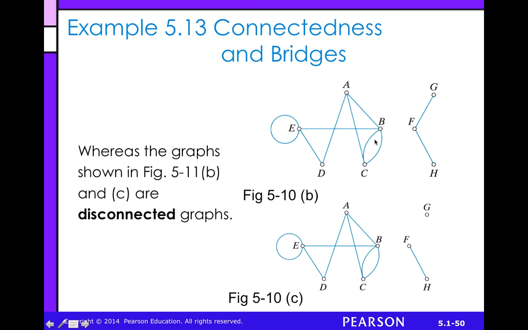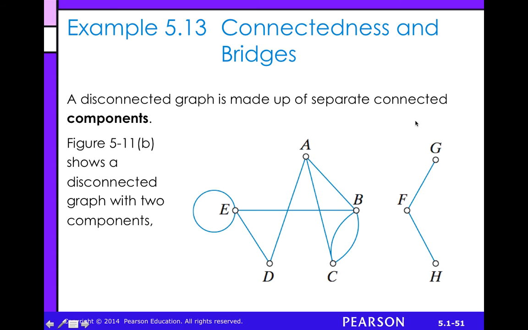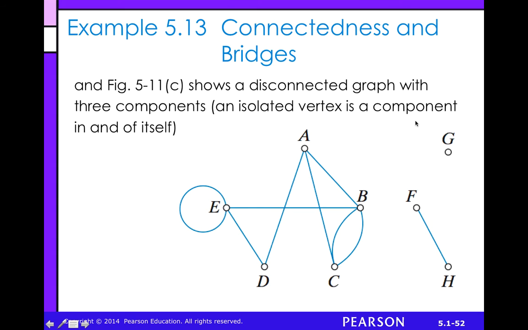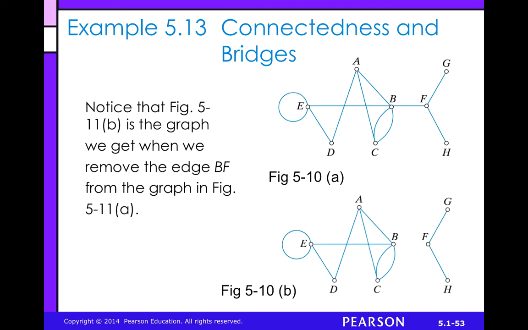So if you like, a component is just a piece. So here's one piece, two piece. This graph here has three components. So this is a piece right here. This is another piece. And then the vertex G is isolated. So it's an island unto itself.